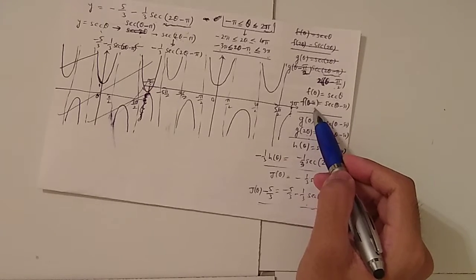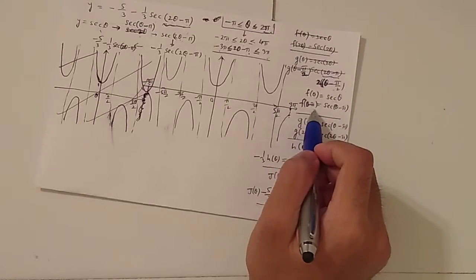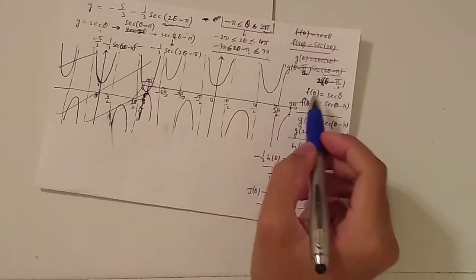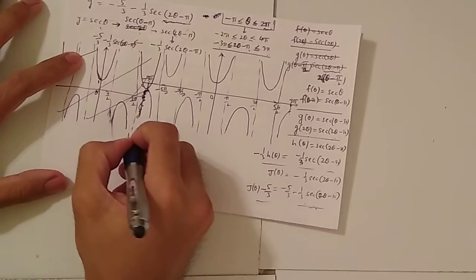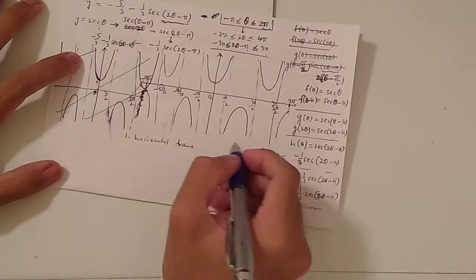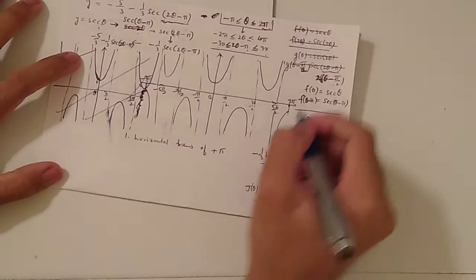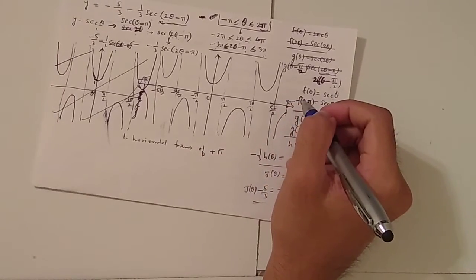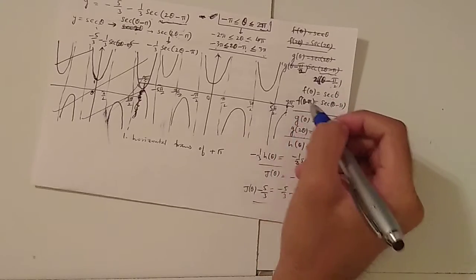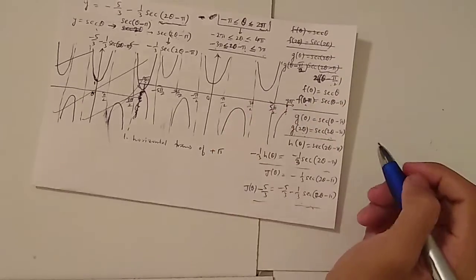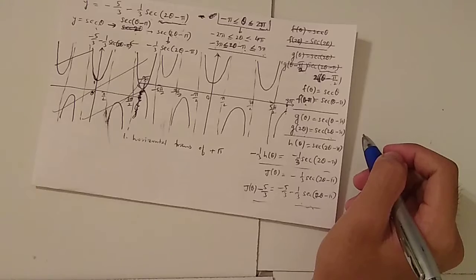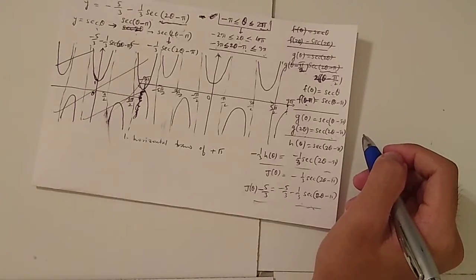Since the minus pi is inside the bracket, we are going to have a transformation along the x-axis, in other words a horizontal translation of plus pi units, not minus pi. That's how we had learned this in P1: if you're having a minus pi in the bracket, the translation is going to be a plus pi, along the horizontal axis.